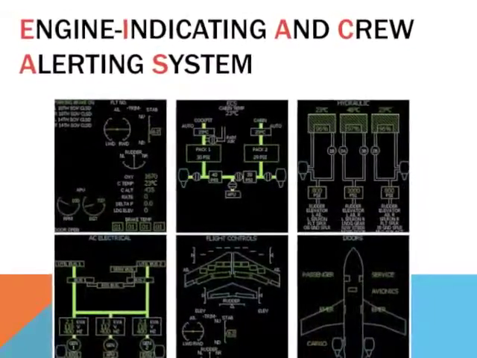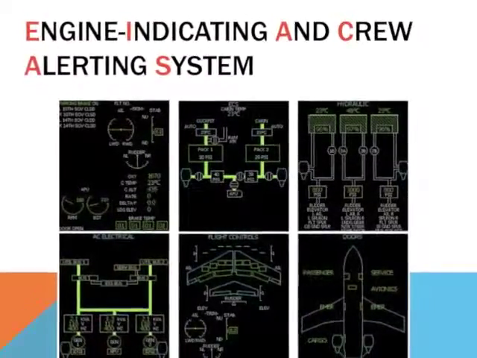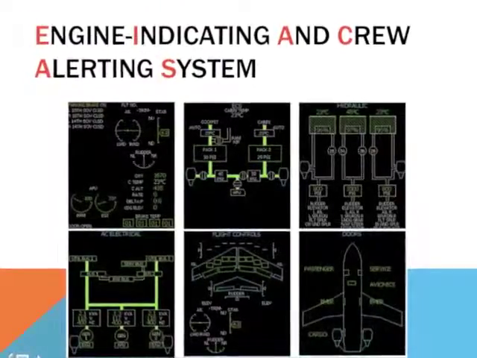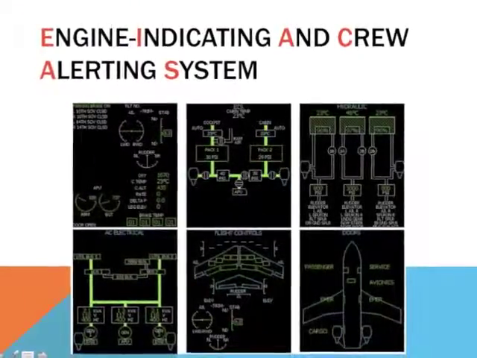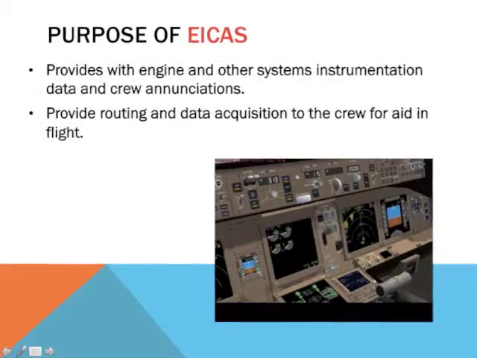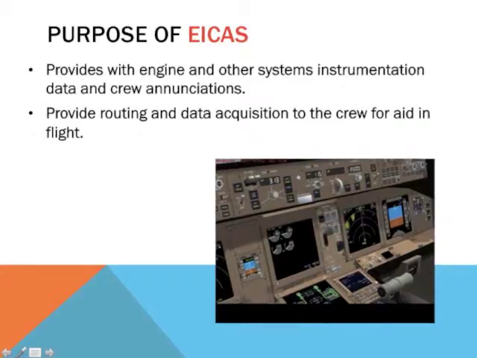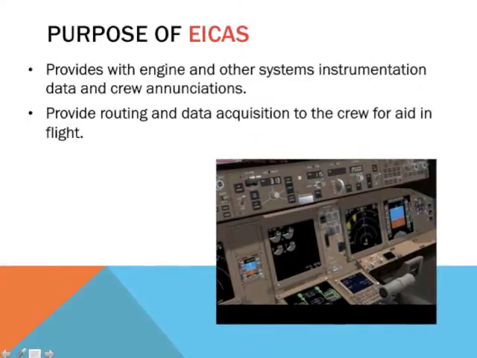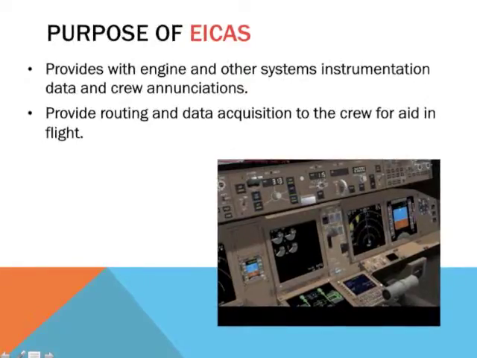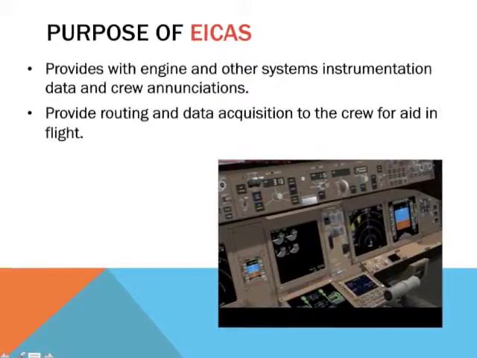Now I will be talking about the purposes and functions of an ELNFAS. ELNFAS is known as Engine Indicating and Crew Alerting System. The purpose of an ELNFAS is to provide flight crew with engine and other systems instrumentation data and crew annunciations.